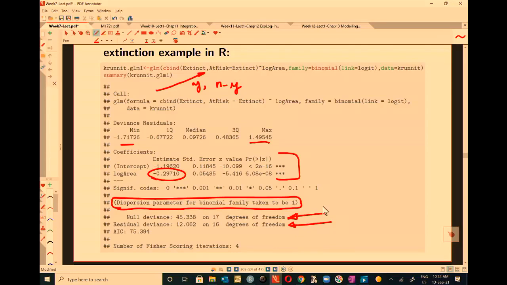So this is the deviance that corresponds to the null hypothesis, which says there's no model here at all.